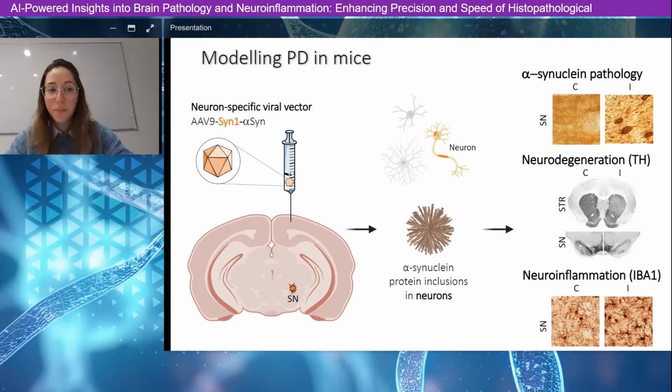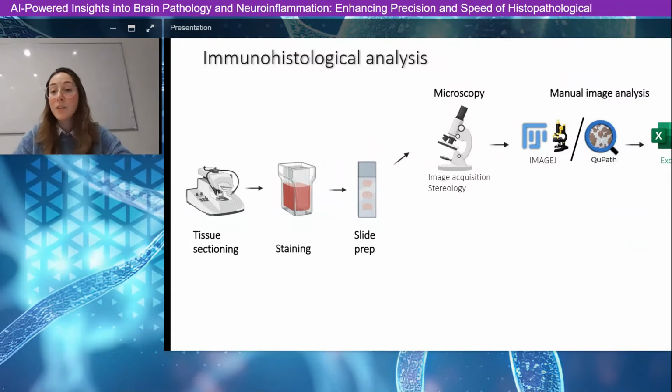So to characterize our animal models, we routinely perform immunohistological analysis. We stain for typical markers used in PD research, like the TH marker I mentioned before. And so after staining and microscopy, we perform image analysis using different methods depending on the marker.